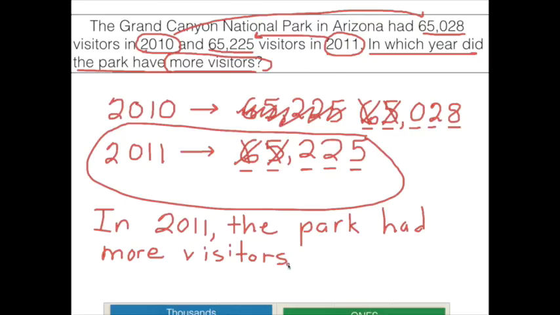So we did really two things here. One, we compared the numbers and we ordered them. We ordered them because we're saying that this number here in 2011 is more than this number here for 2010. 65,225 is more than 65,028.